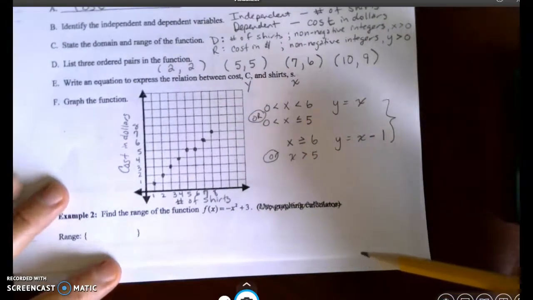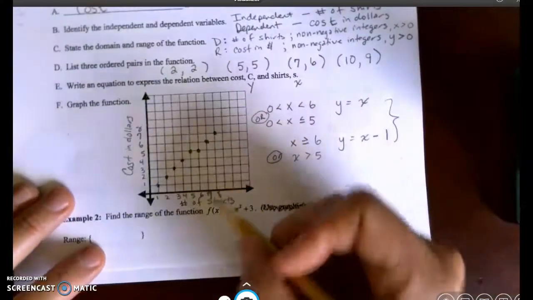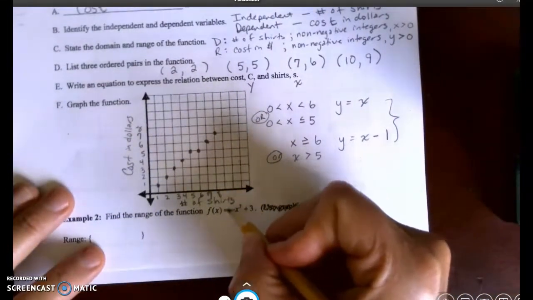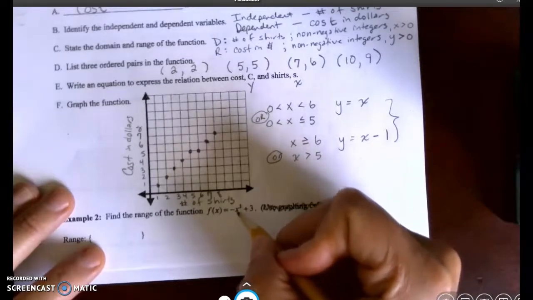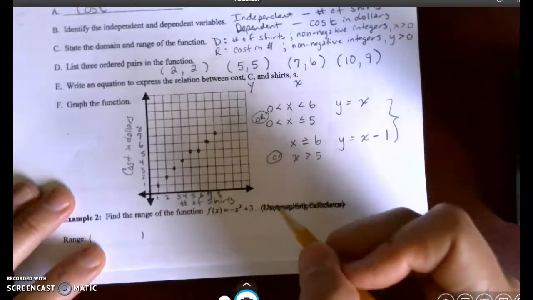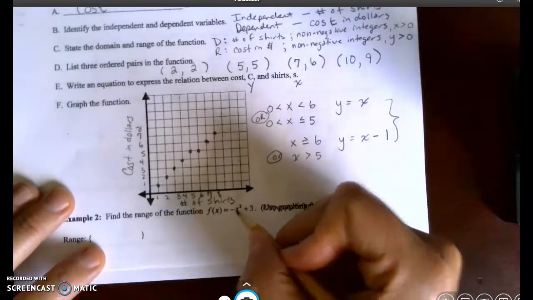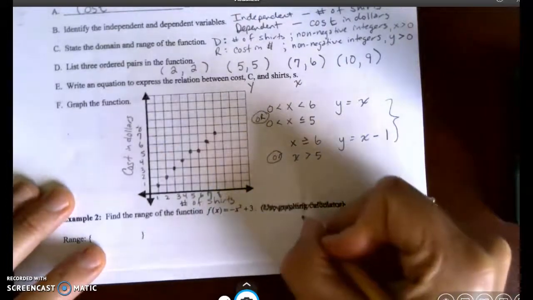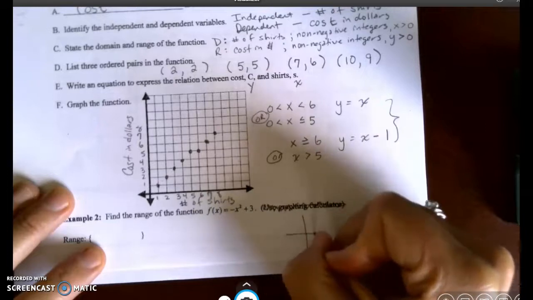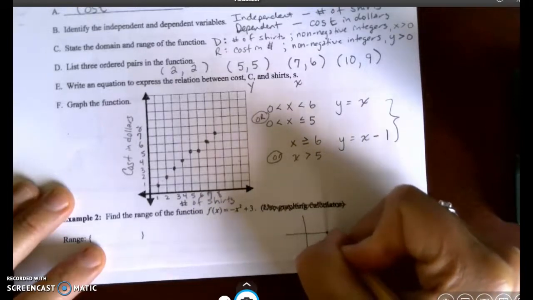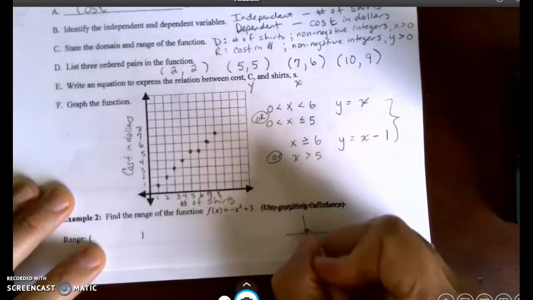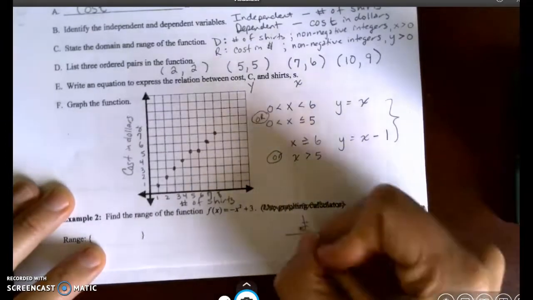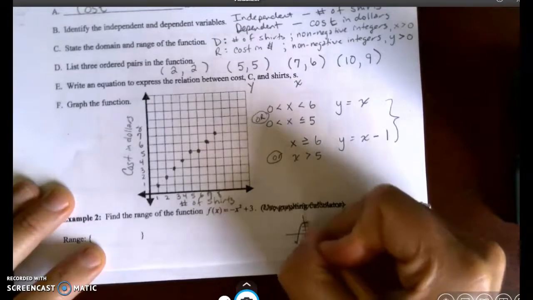I am hoping that you remember that because this is an x squared equation, that this is a quadratic. And because it's negative, my quadratic is turned upside down. So if I was to sketch a graph of this, this would be a quadratic turned upside down and moved up 3 units. 1, 2, 3. And it would look like that.